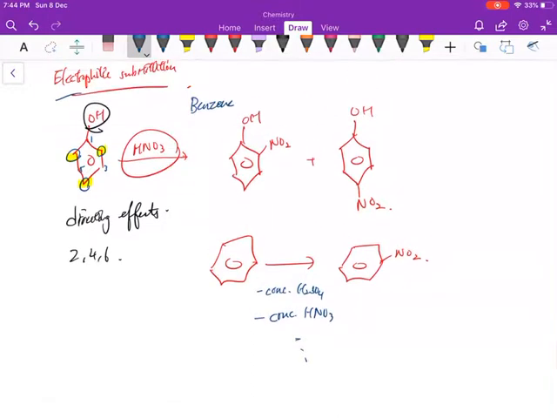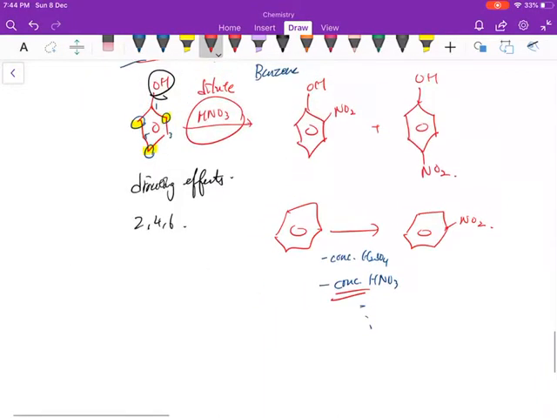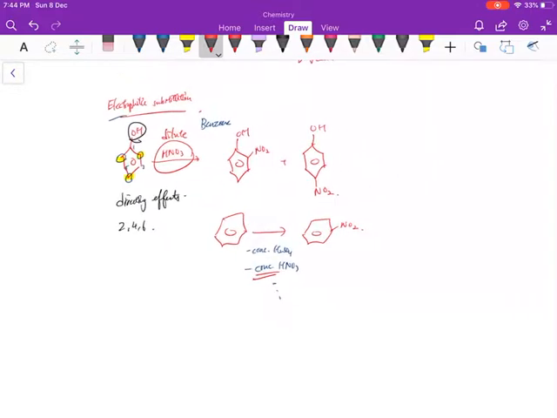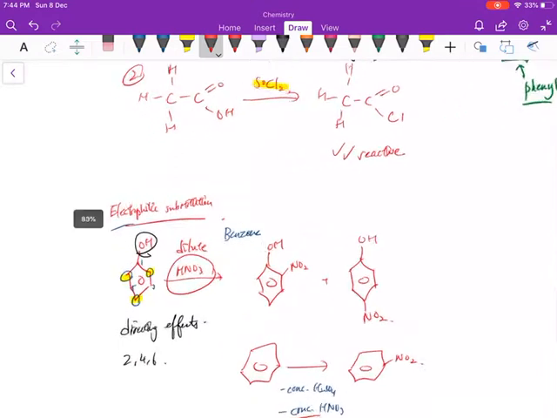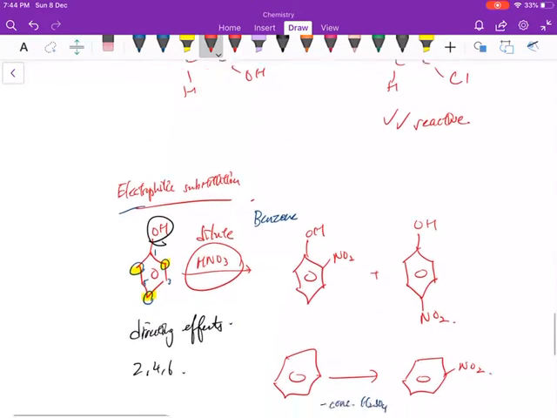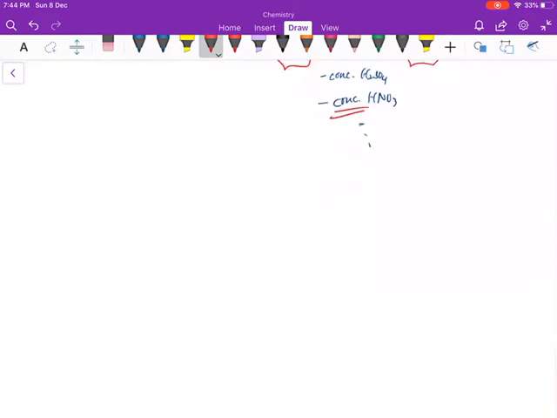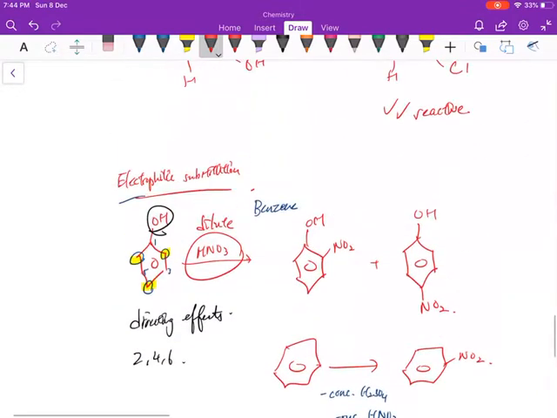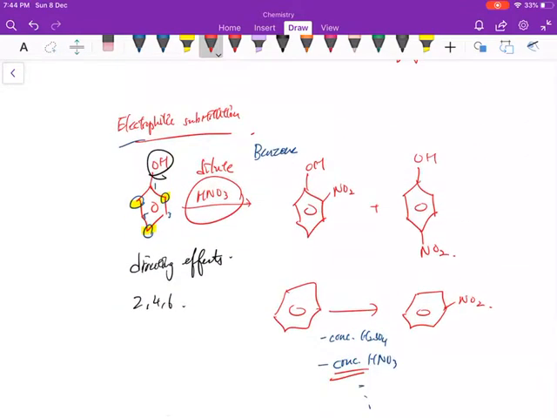But the point is, we need to use dilute nitric acid here, compared to the concentrated here. This also proves the point that phenol is more reactive than benzene because of the extended pi bonding electron system. It is really all down to this point that makes phenol so not so special, but you get what I mean. So that is the reaction with nitric acid.